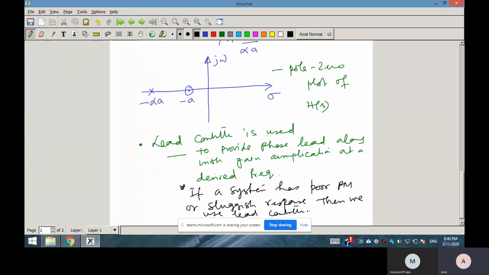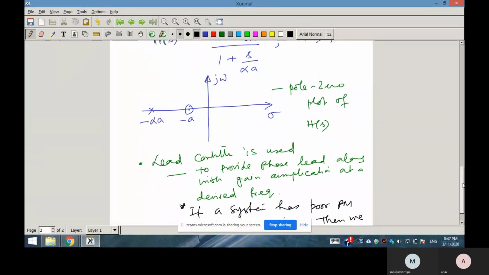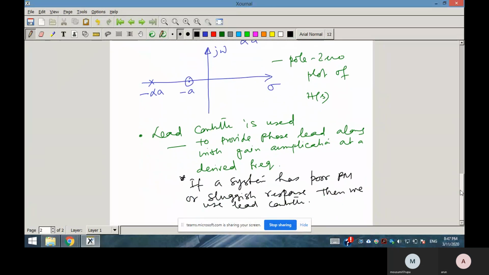Sluggish response means low gain crossover frequency. So to increase the gain crossover frequency, we can use a lead controller, and it will provide phase lead. That means if a system also suffers from poor phase margin, then also we will use a lead controller.